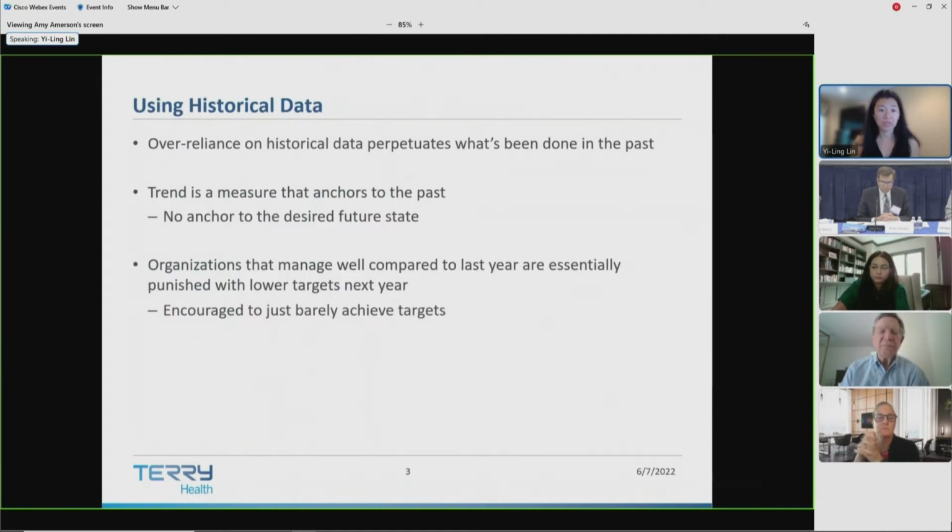So using historical data, what I believe is that there is an over-reliance on it. My experience working with our payer clients and our provider clients is that they ingest all this very valuable data, but then they set measures for next year based on those historical measures.